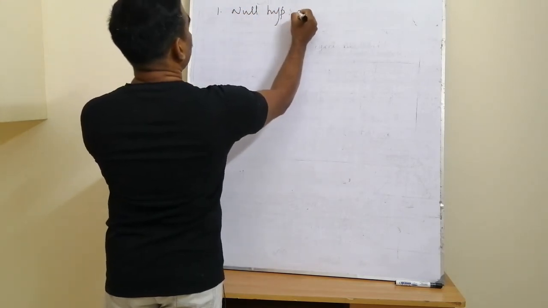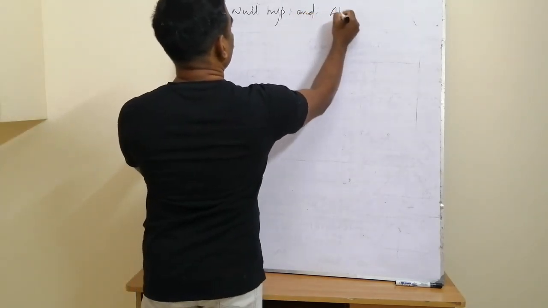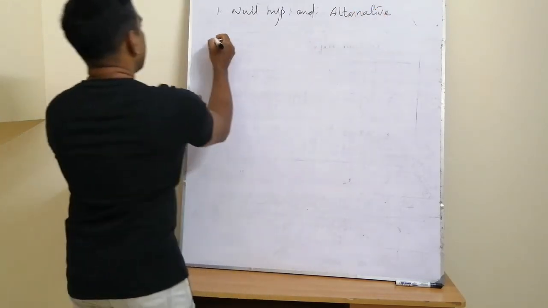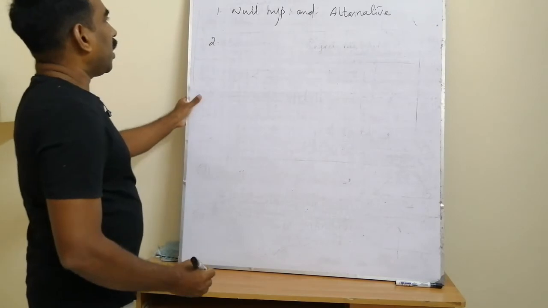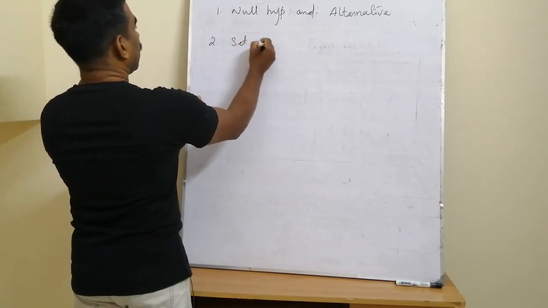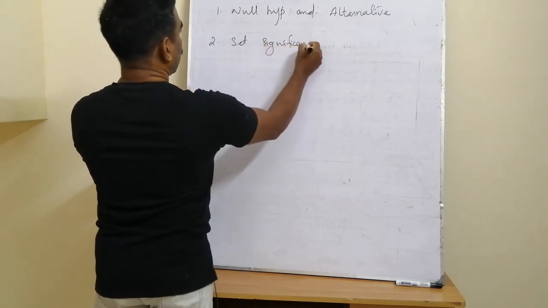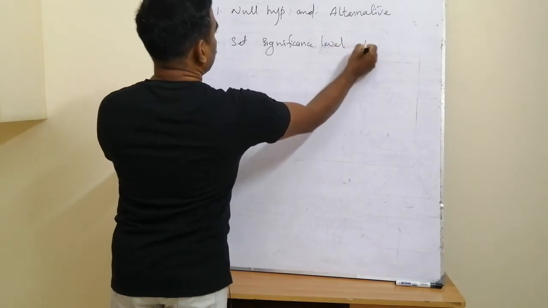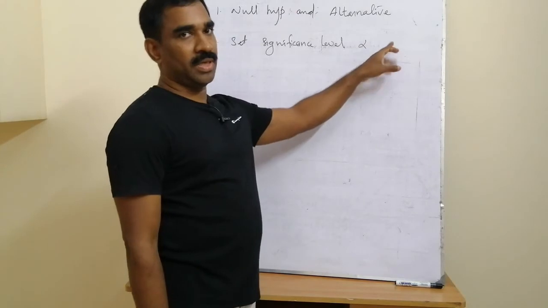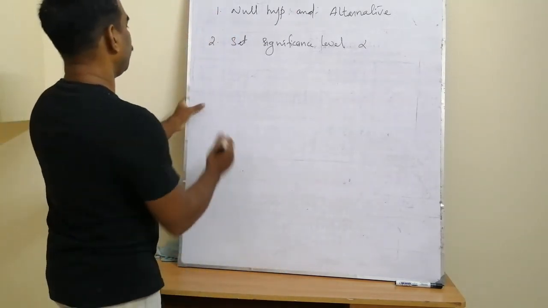Second, for arriving at a conclusion, we require some significance level. Set the significance level alpha. If it is not specified, usually we take alpha as 5%. Otherwise, it may be 1% or 5%, etc.